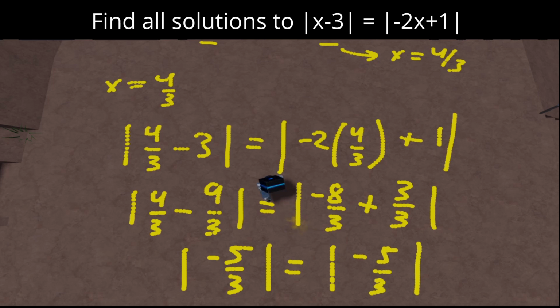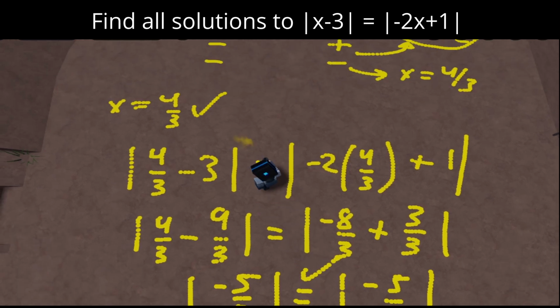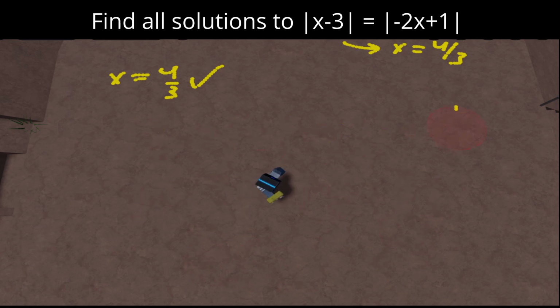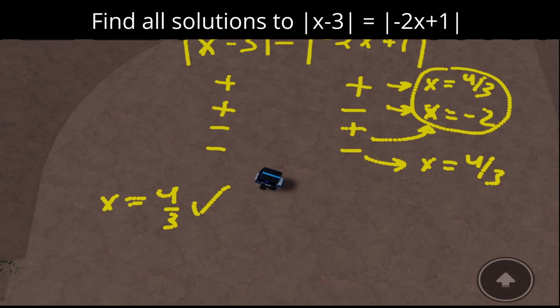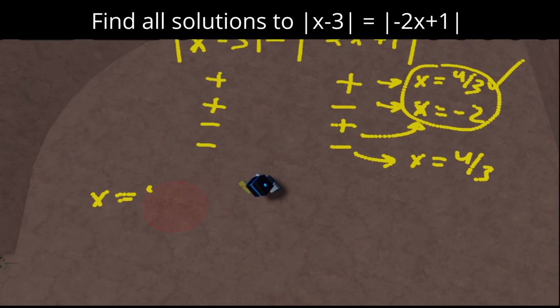So notice, because we have the same thing inside the absolute value signs, this equation is true. In other words, x equals 4/3 is a valid solution. Now let me erase all of this here, and then put a check mark on x equals 4/3. And then now let's do x equals minus 2 and see if that works out.